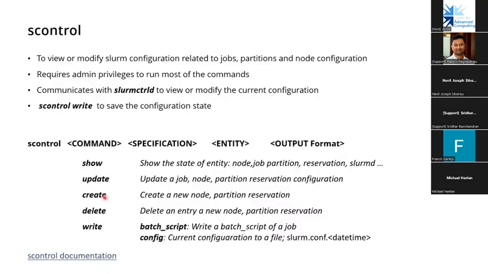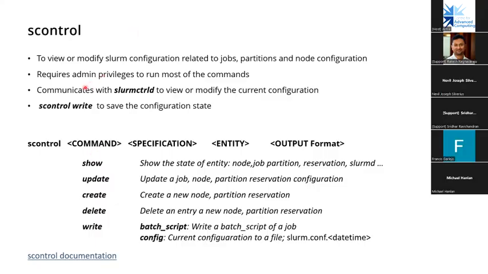To begin with, SControl is used to view or modify the SLURM configuration related to the jobs, partitions, and node configurations. Some of the commands, especially SControl update, create, or delete, require admin privileges to make the changes.